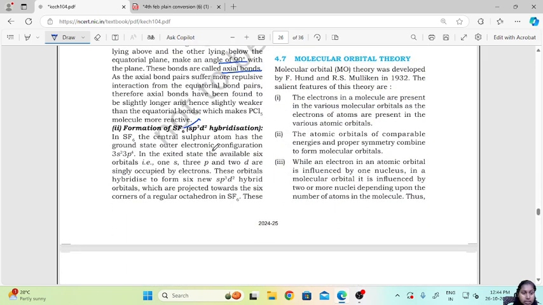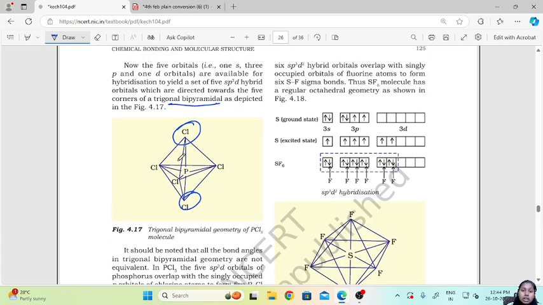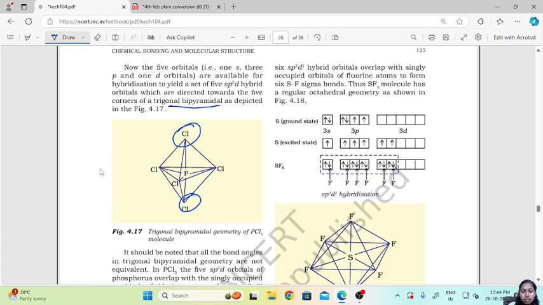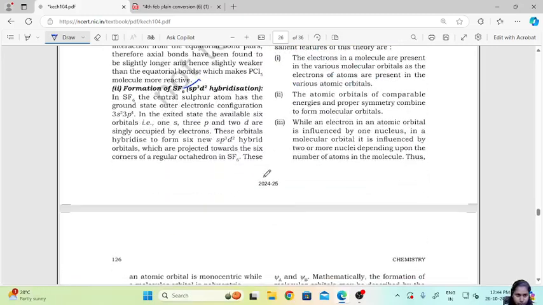In the excited state, the available 6 orbitals are 1 s, 3 p and 2 d orbitals. 1 electron from the s orbital and 1 electron from the p orbital are shifted to the d orbitals, forming 6 hybrid orbitals. 1 s orbital, 3 p and 2 d orbitals, hence it is sp3d2 hybridization.